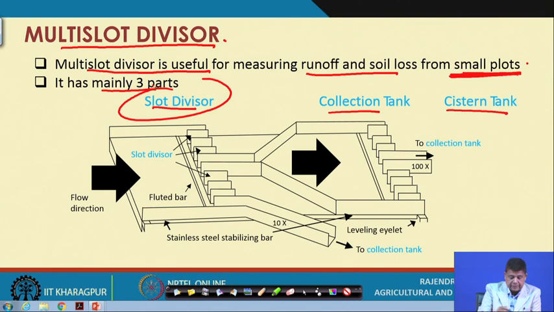This is the flow direction, and the sediment laden water enters the divisor. There are slot divisors here, so the sample gets divided into the central one, and then it finally reaches the collection tank and cistern tank, where it gets collected and where not only the characteristics, but also the quantity and quality of samples are analyzed.